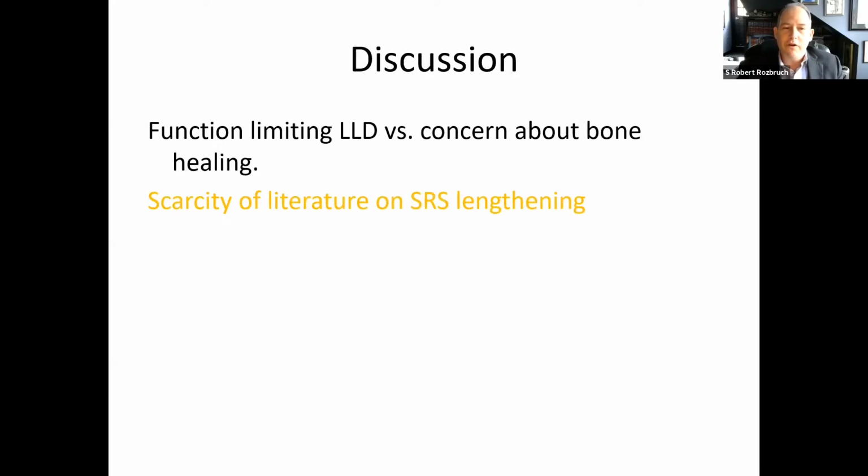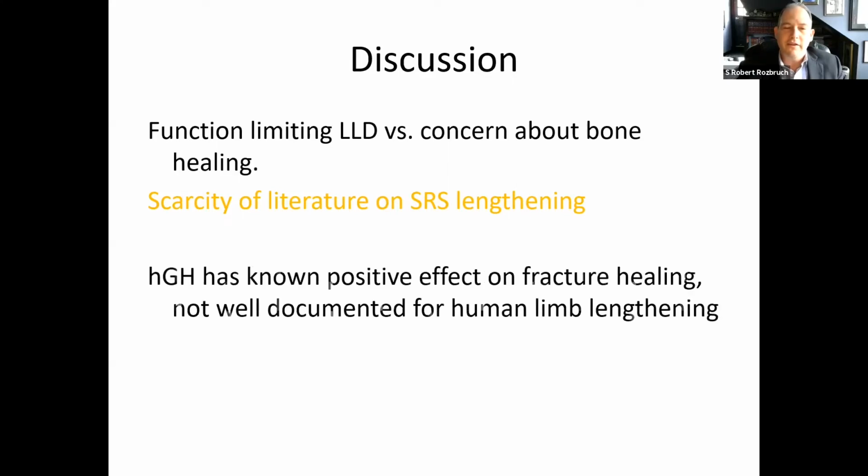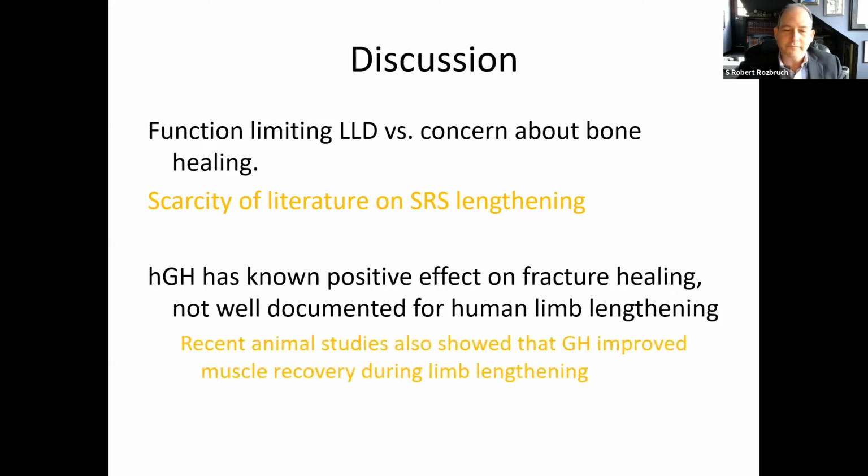At that time, we noted that there was a scarcity of literature on this condition, and we also know that human growth hormone had known positive effects on fracture healing, although it had not been well documented for human limb lengthening. However, recent animal studies did show that growth hormone improved muscle recovery during limb lengthening.